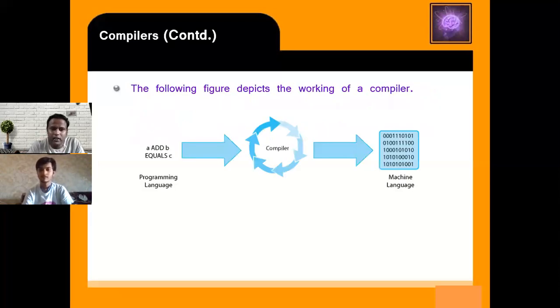See there, it is a simple process that we have to add the two numbers A and B. It gives you the result C. Then here we are using a compiler.